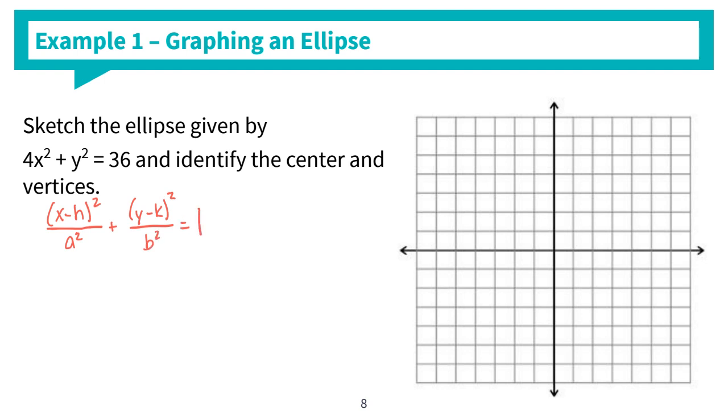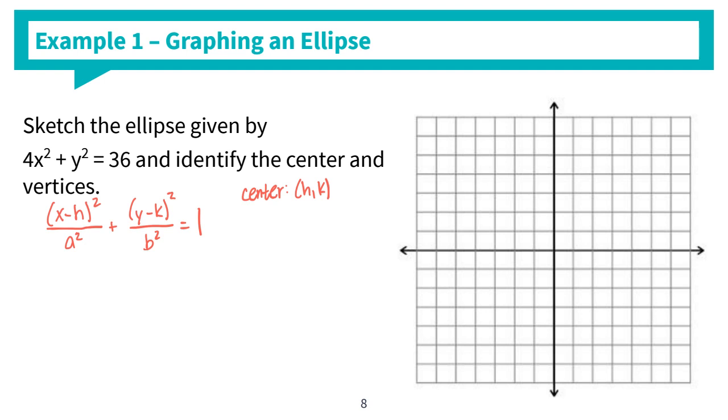Okay, that 1 is really important. So the center, maybe you'll remember this from last year, is (h, k). What's unique about this is that the values for h and k are actually always the opposite of what you see in your parentheses. All right, so we'll get to that, but for right now, just keep that in mind.